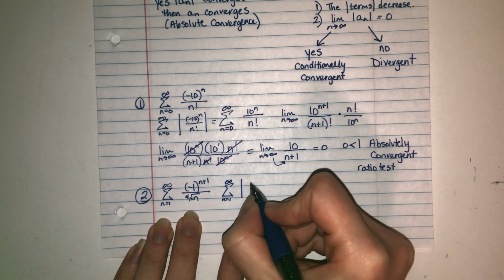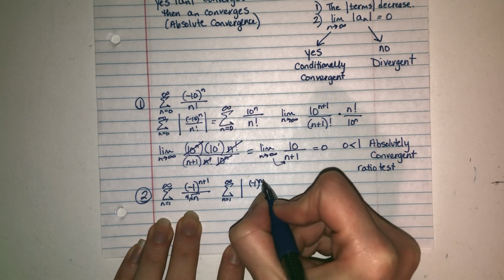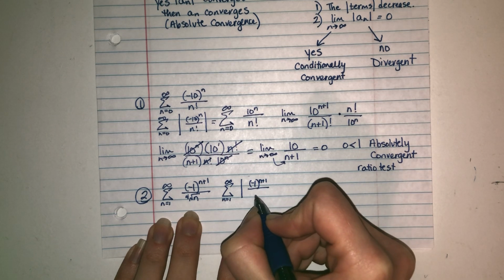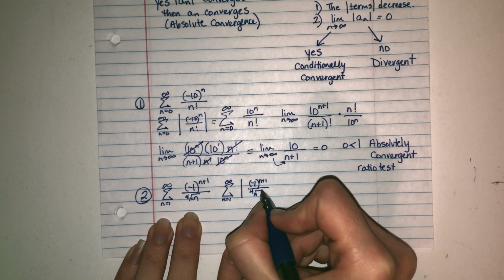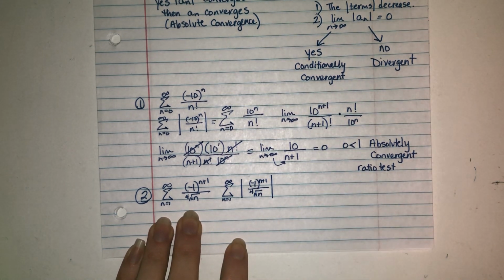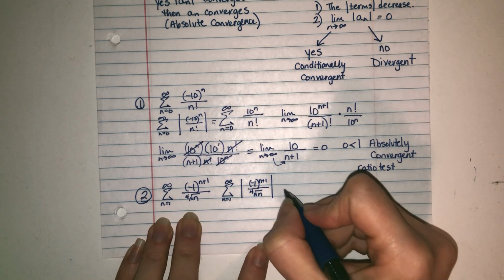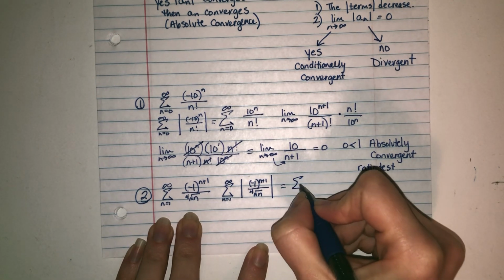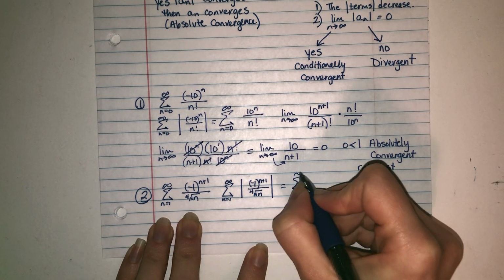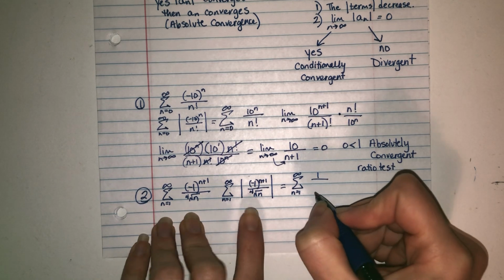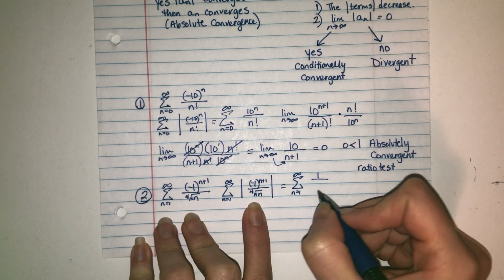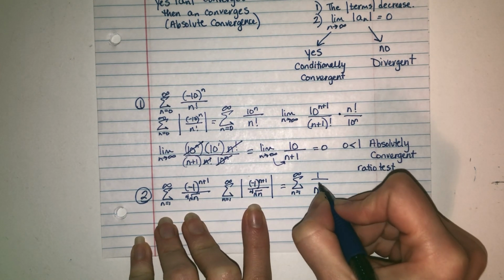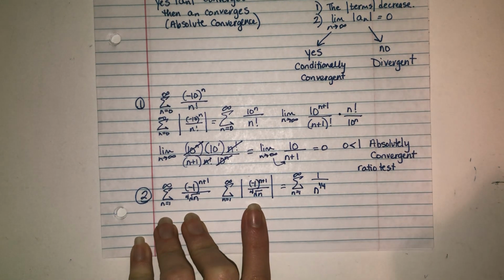So if I put it in absolute value bars, -1 to the n plus 1 power is just going to be 1 on top always, because it's not going to alternate back and forth between -1 and +1 anymore. So I'm going to say this is equal to the sum from n equals 1 to infinity of 1 over. Now the 4th root I want you to consider is the same thing as the 1/4 power.